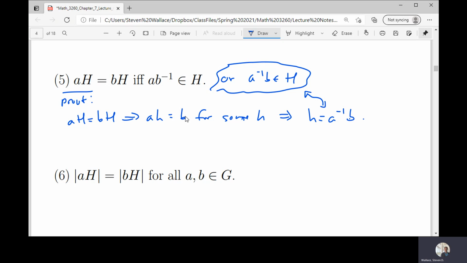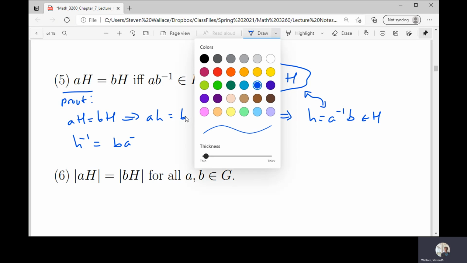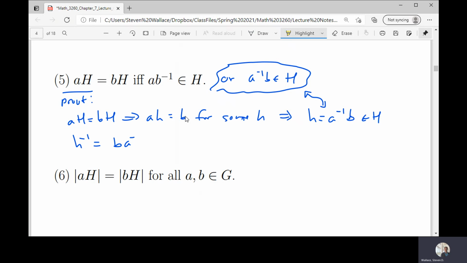But at the same time, that must be in H. But then H inverse is equal to B A, sorry, let's do the pants thing, right?